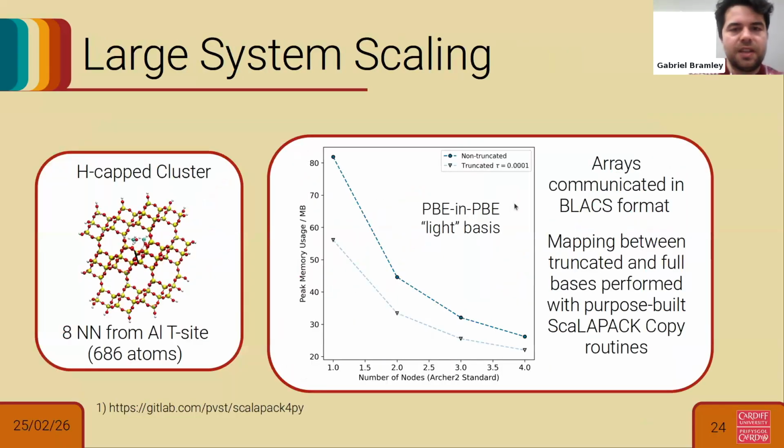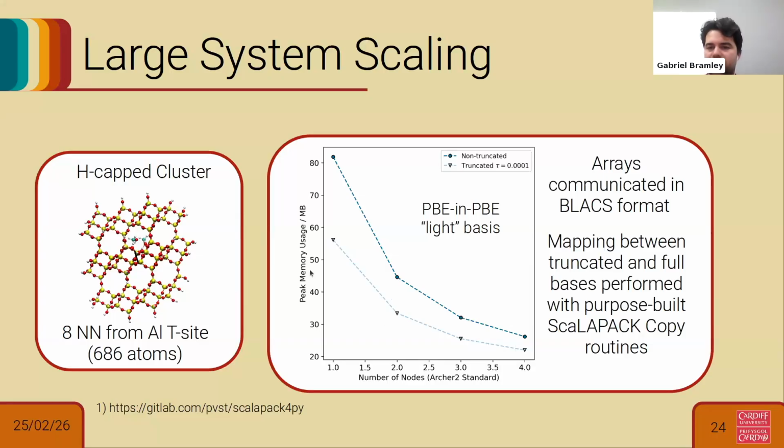So first, let's just demonstrate that we're reasonably scaling in terms of memory with these large matrices within the Pythonic wrapper. And we can show that we're indeed accomplishing this. As we take this 686 atom cluster, and increase the number of nodes that we assign to the calculation, you get what you expect: a decrease in the amount of overall memory usage per core.